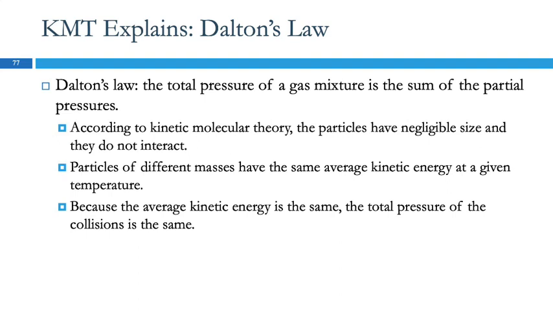That means if their mass is different, then their speed must be different, but the average kinetic energy is the same. And so the pressure exerted by particles is going to be the same regardless of what kind of gas they are. And the total pressure is just the sum of the pressures from each of the different gases in the mixture.